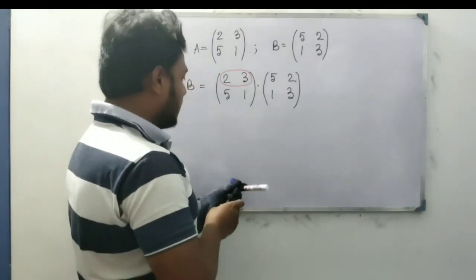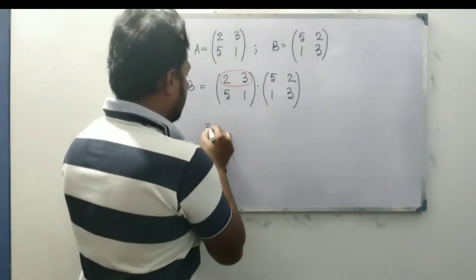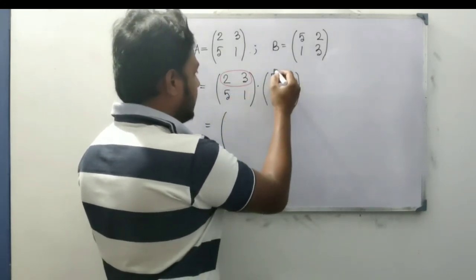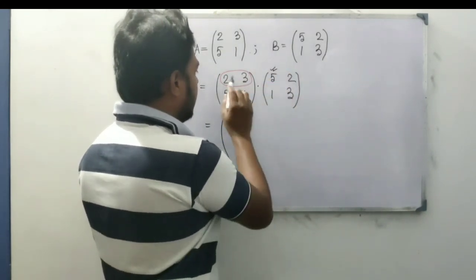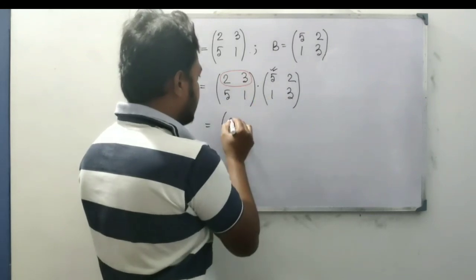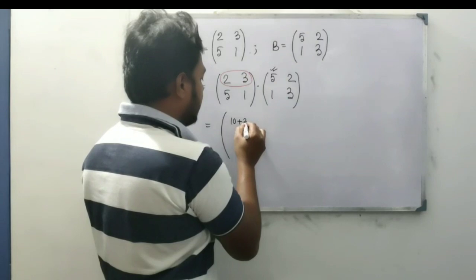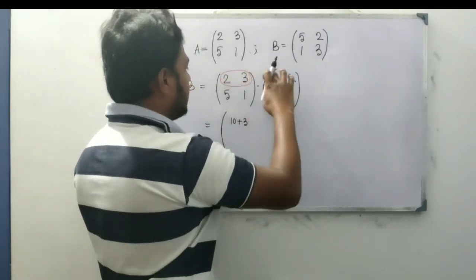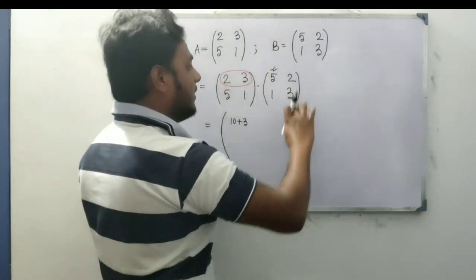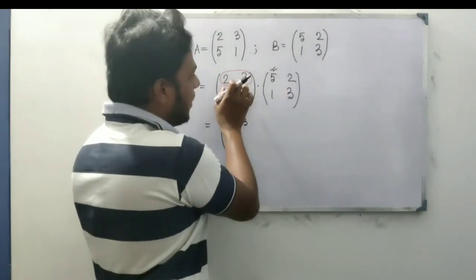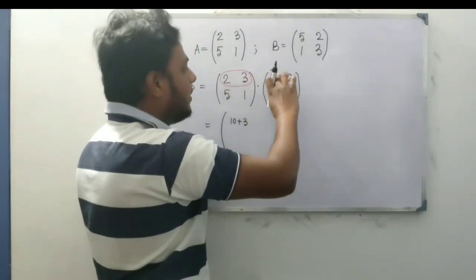So by this row, if we consider the first column, then 2 into 5, 10, plus 3 into 1, that means 3. So this completes the inner product of this row and this column. We consider this row and fix it and complete with each column.